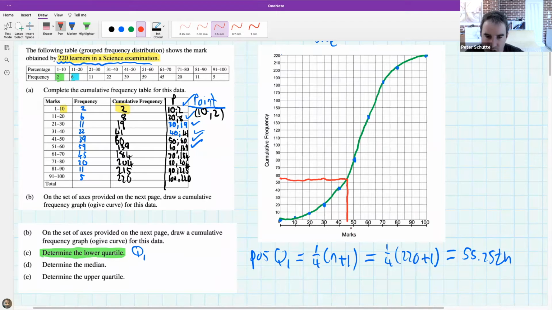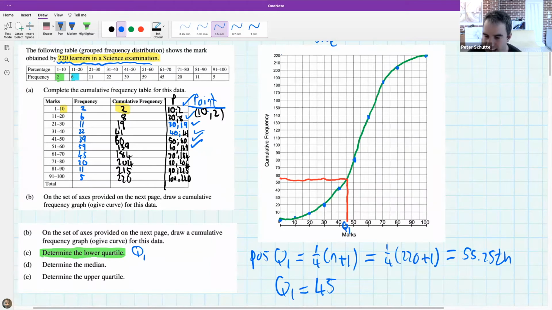For me, Q1 looks around 45 or 46. It's not going to be perfect. I see a lot of you have gone with 45. Yeah, 45 or 46. Let's go with 45 for convenience. So we know that the lower quartile is 45.